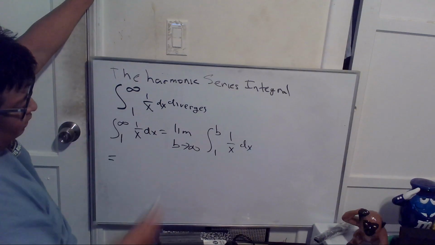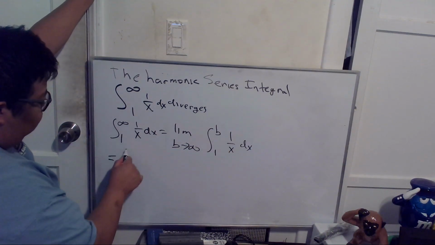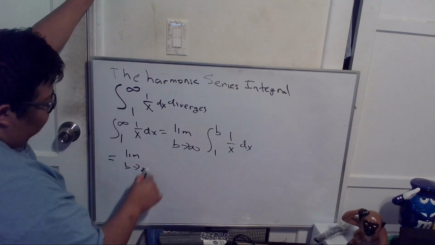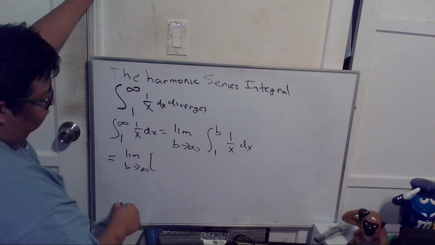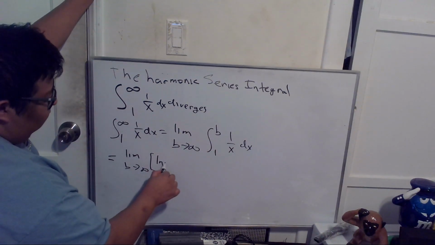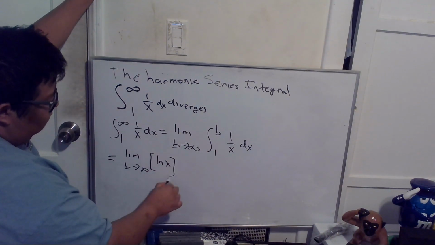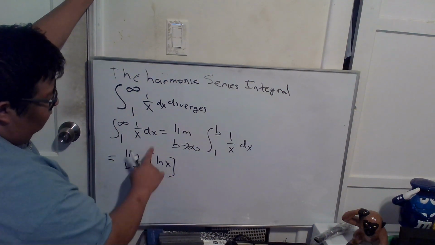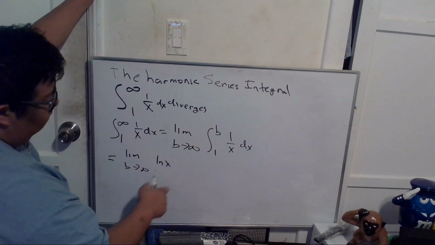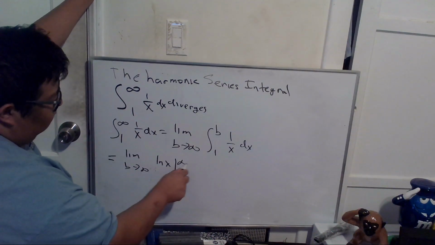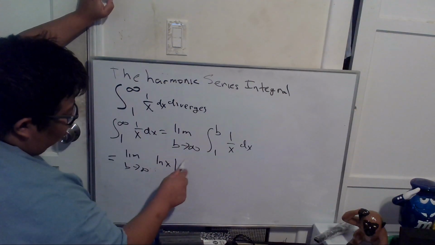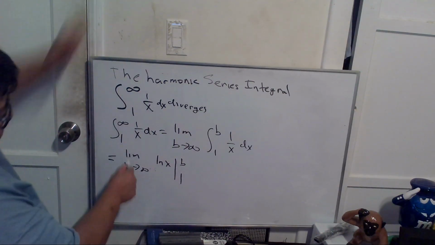So that integral is equal to the limit as b approaches infinity of the antiderivative of 1 over x, that's ln of x, and the limits are going to be from 1 to b, because we replace infinity with b in the limit.